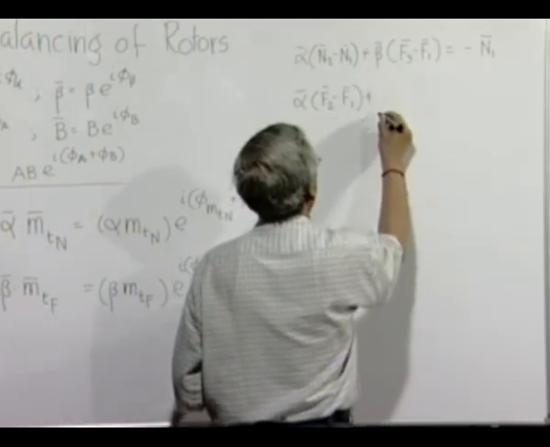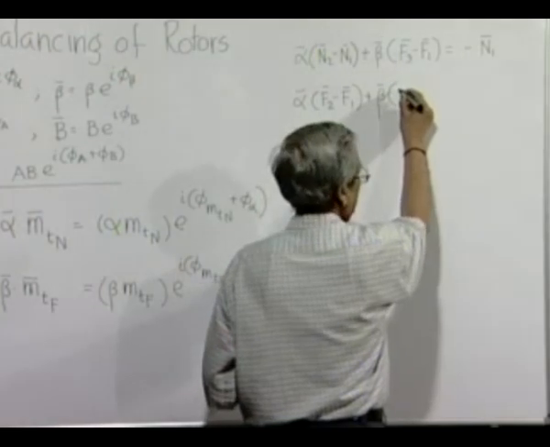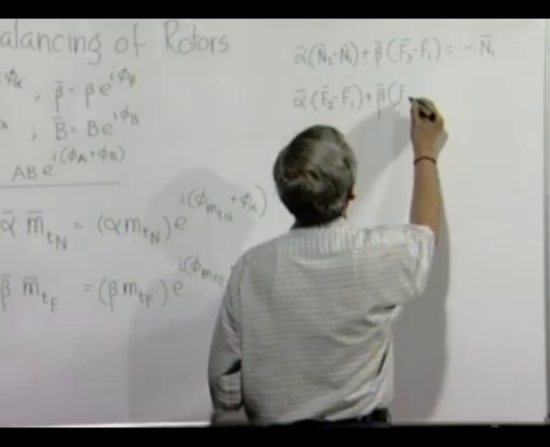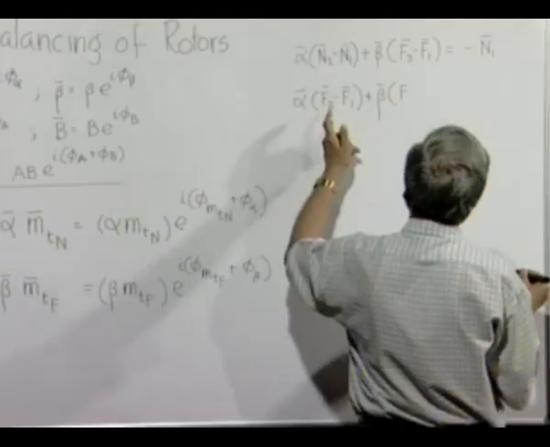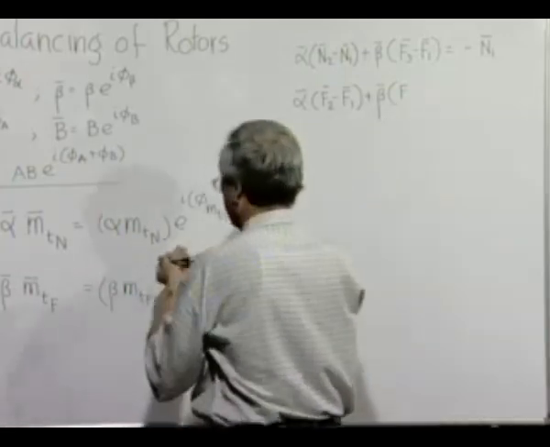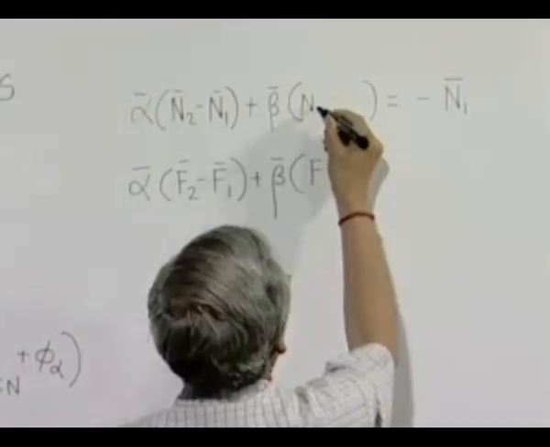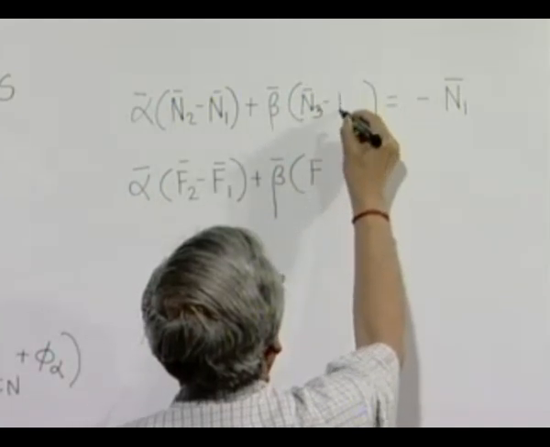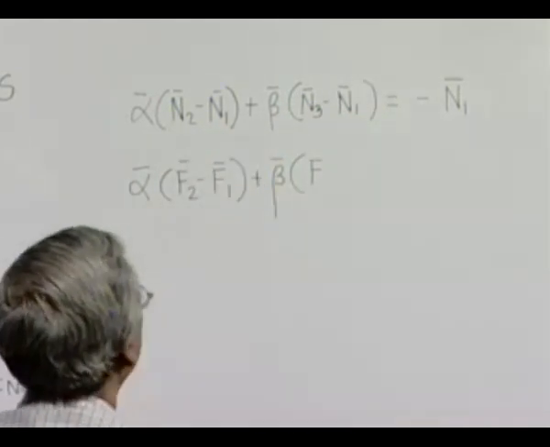And the effect of MBF at the far end, this will be the effect of... we are doing the far end, sorry, we made a mistake. This is the effect of MTN at the near end.